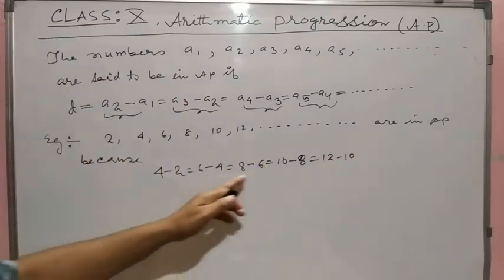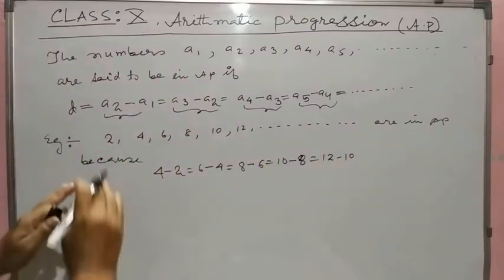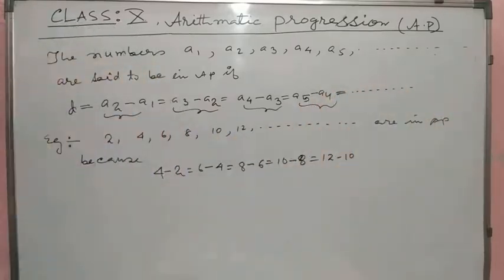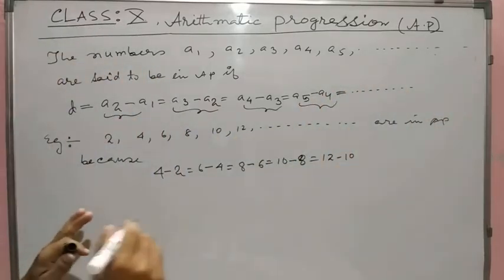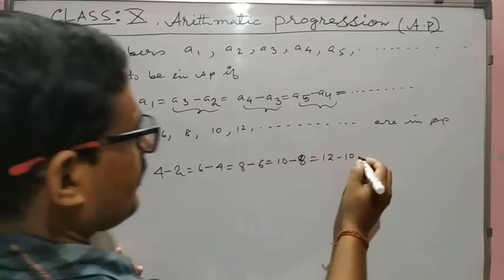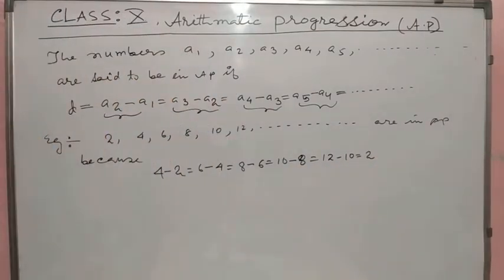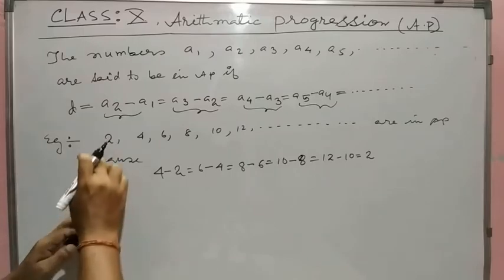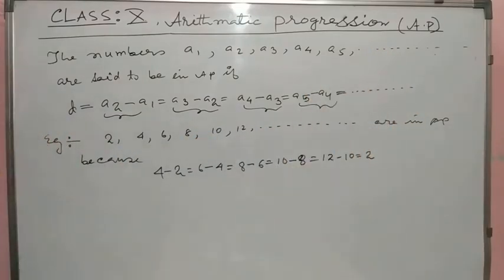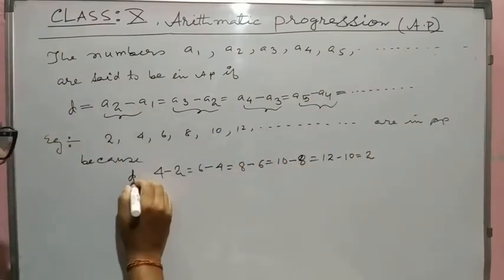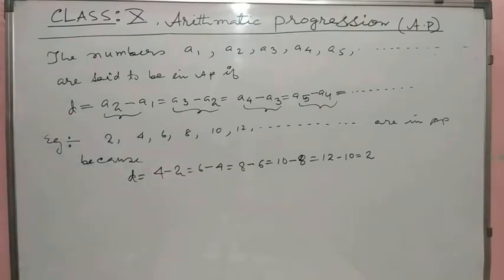You see, all these are equal differences. So we can say that these are in AP, and all these differences equal 2. And this difference is denoted by capital D.